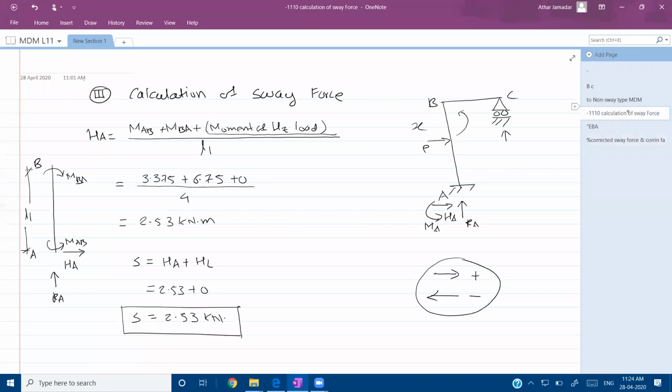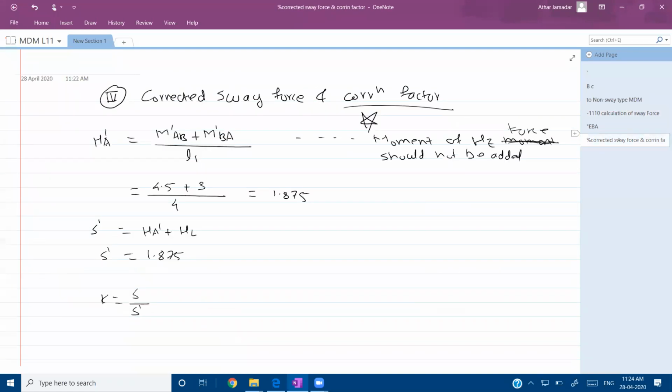S is nothing but the sway force calculated in step number 3, and S dash is the sway force calculated in this step, step number 5. So K is S, 2.531, divided by S dash, 1.875, which is equal to 1.35.